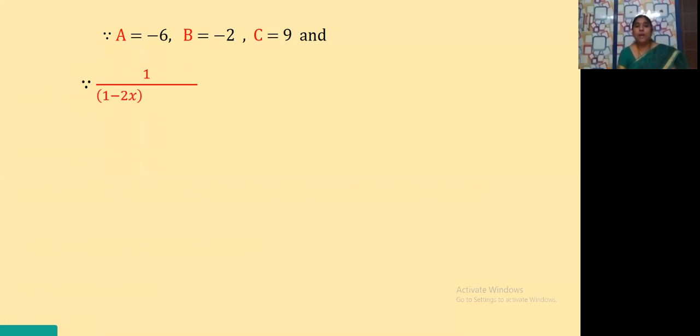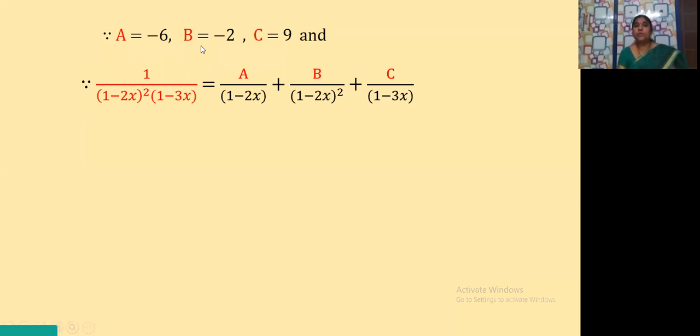1 by 1 minus 2x whole square into 1 minus 3x is equal to, what is the equation we got there? We divided into partial fractions, no? A by 1 minus 2x plus b by 1 minus 2x whole square plus c by 1 minus 3x. So this is the equation we have. So wherever a, b, c are there, you replace the values.